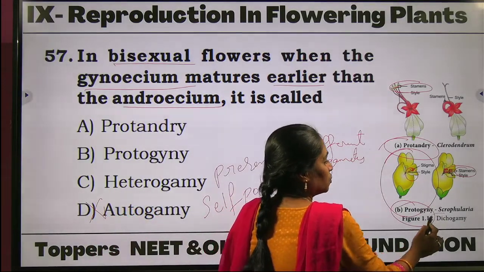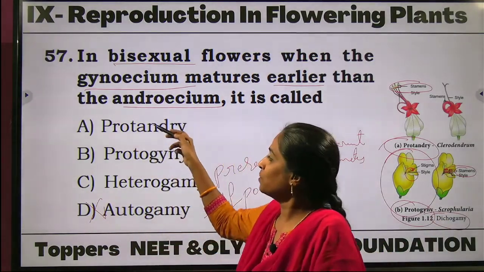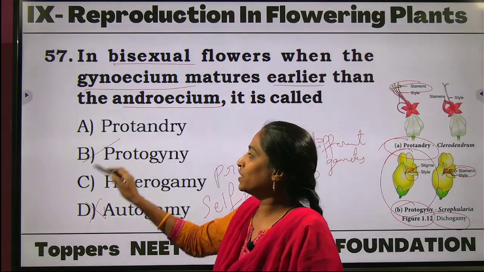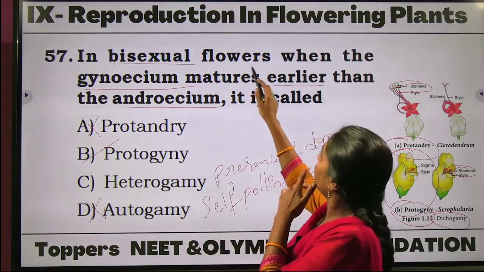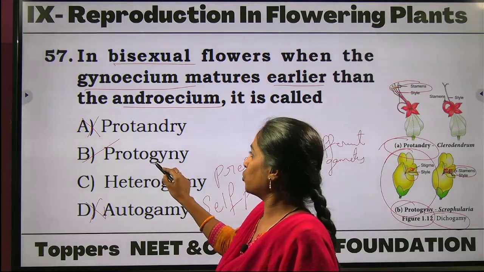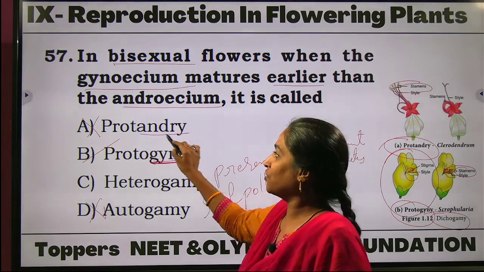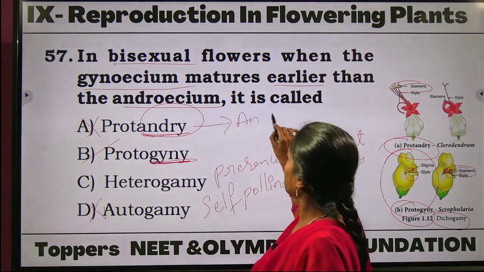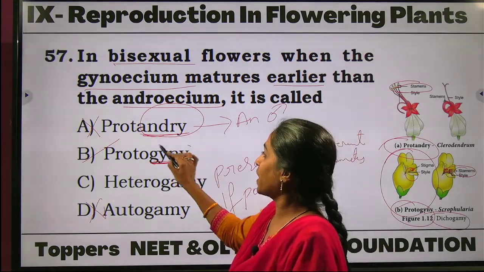This condition is also called dichogamy. So out of protandry and protogyny, which will be the correct option? Option B will be the correct one, but not A. In a bisexual flower, when the gynoecium matures first, it is protogyny; when the androecium matures first, that is, the male matures first, it is protandry. The word itself indicates it: protogyny, gynoecium.